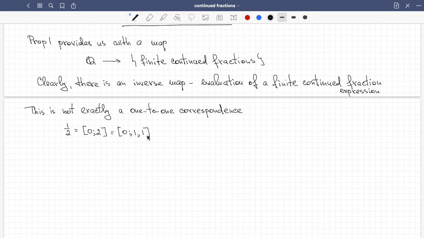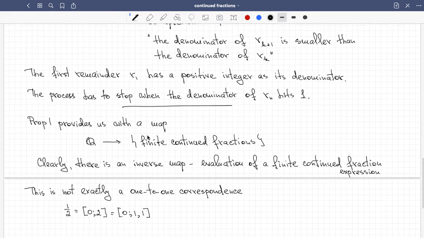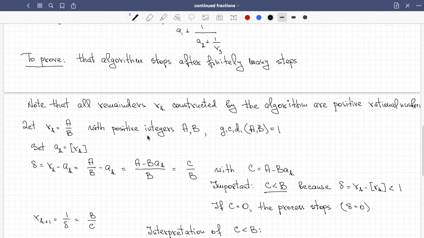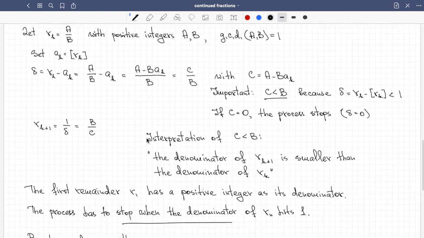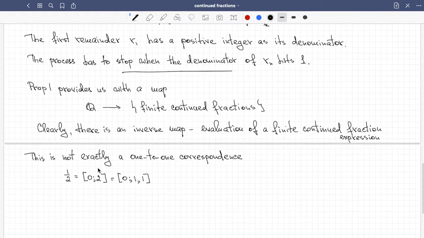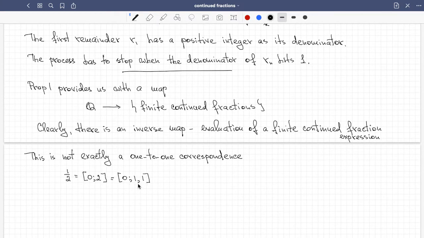Our algorithm, which I've described here this way, out of a half will produce this one, not this one.